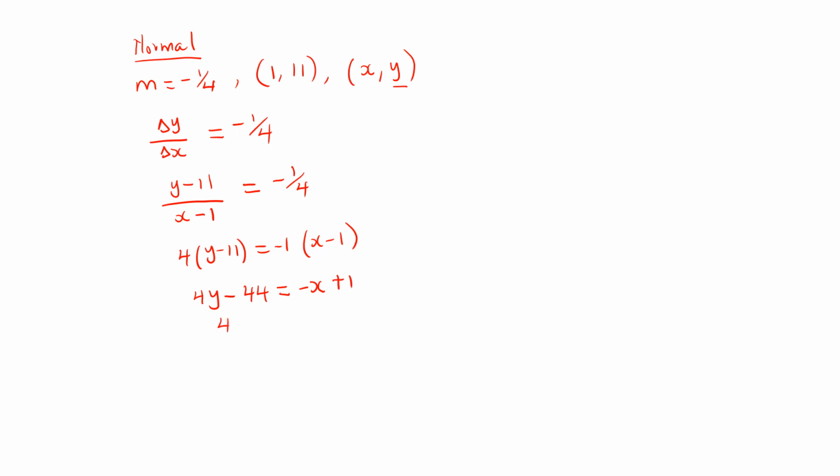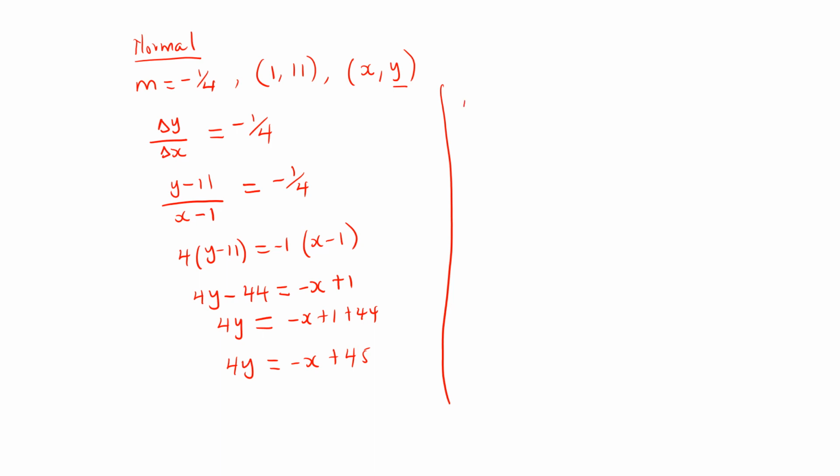So we have 4y. We move -44 to the other side of the equation. It becomes positive. We have minus x plus 1 plus 44. So which will give us 4y is equals to minus x plus 45.